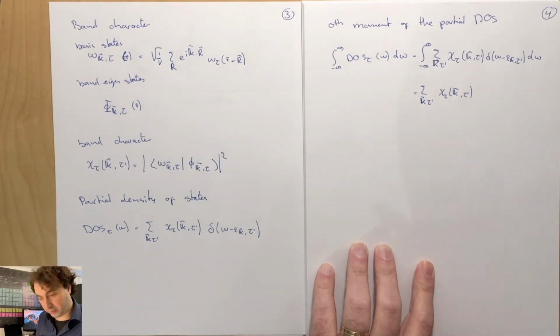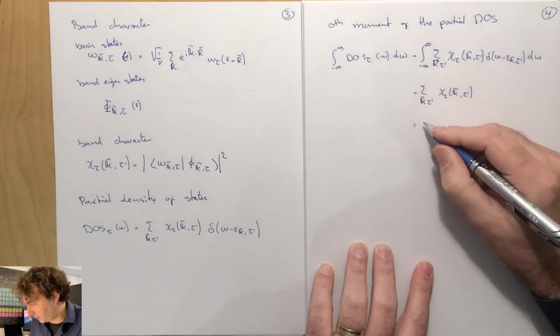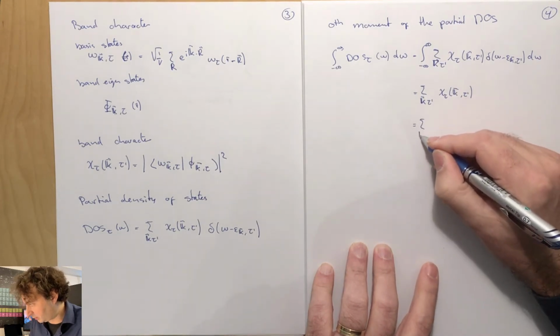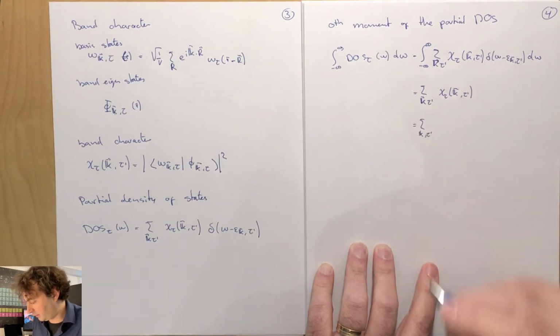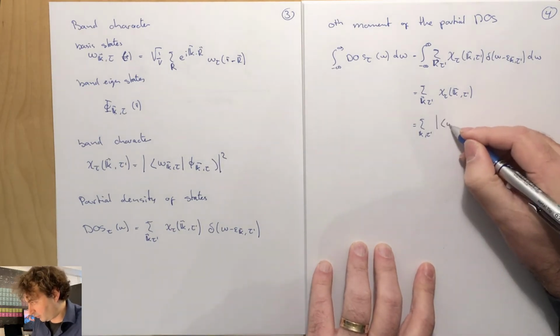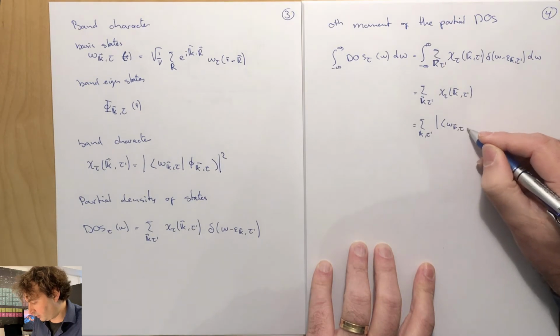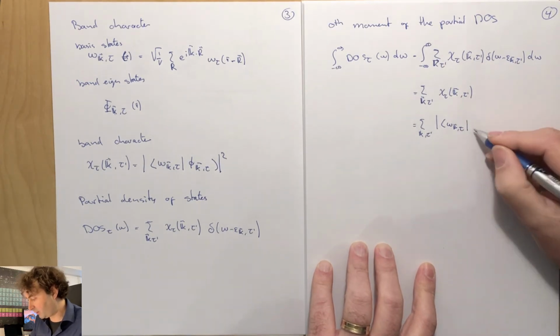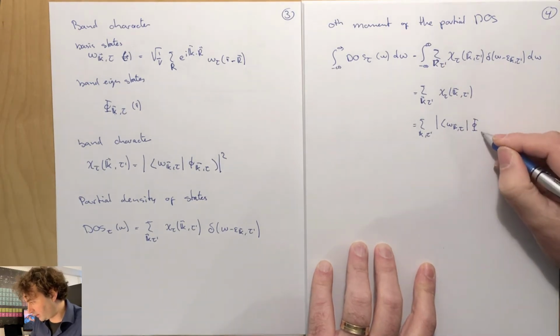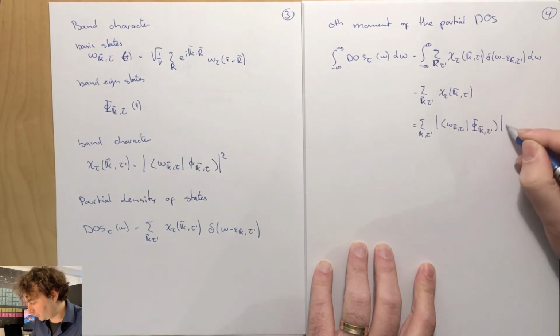We can write out the definition of the character, which is the sum over all crystal momenta and the band index of the overlap of the Wannier function we project to and the eigenstate, norm squared.